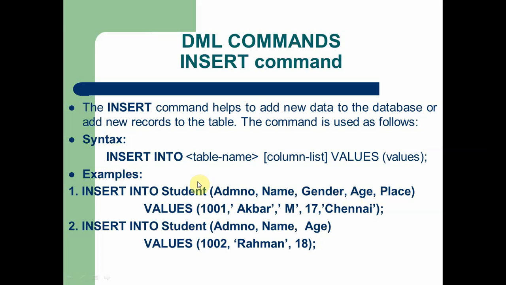So these are the columns in the table student, and the values for these columns are: 1001 for admin number, Akbar for name, gender M, age 17, place Chennai. Here you can see that other than admission number and age, all the data are given inside single quotes, because the data type of the name, gender and place columns is character.